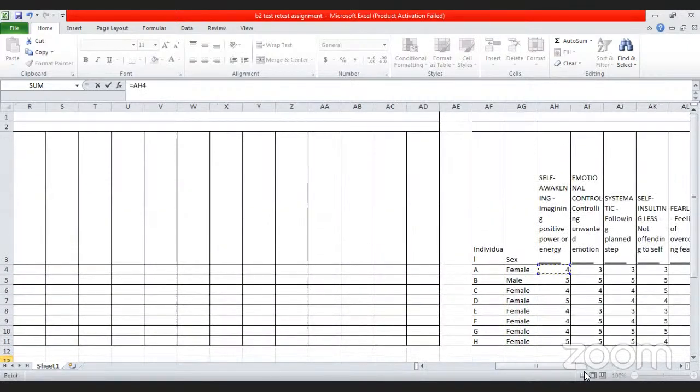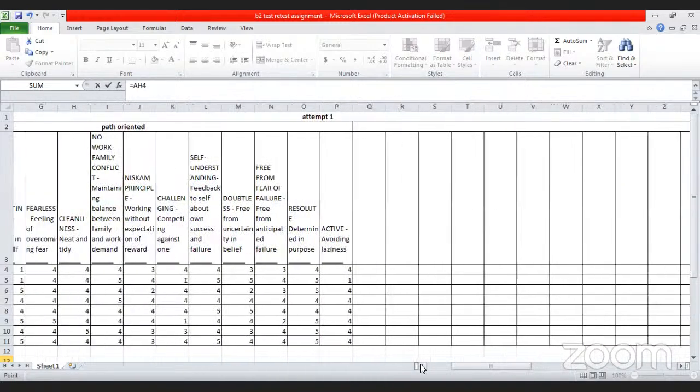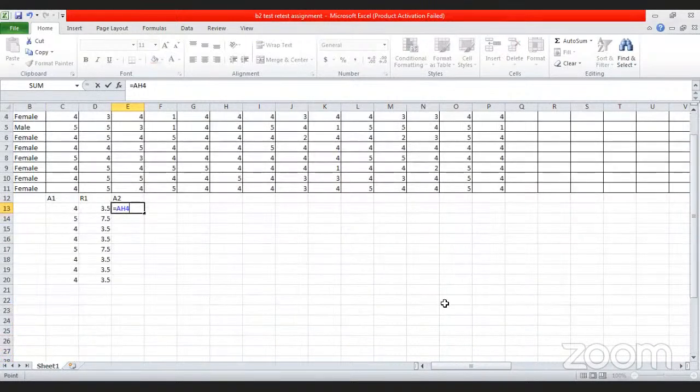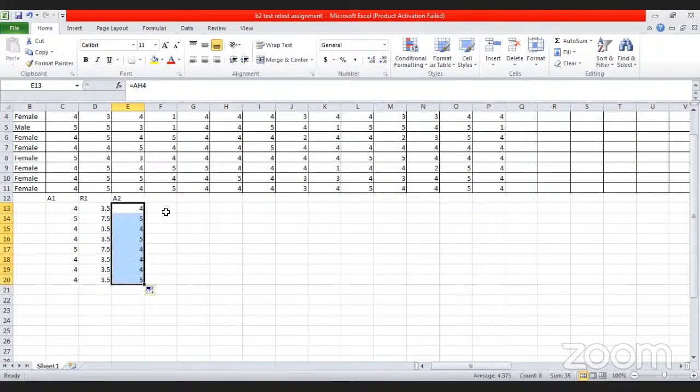So I'm taking it. I have selected, then put enter. I got the score, then I will drag it down. So I will get all of the scores for all the individuals for attempt 2.